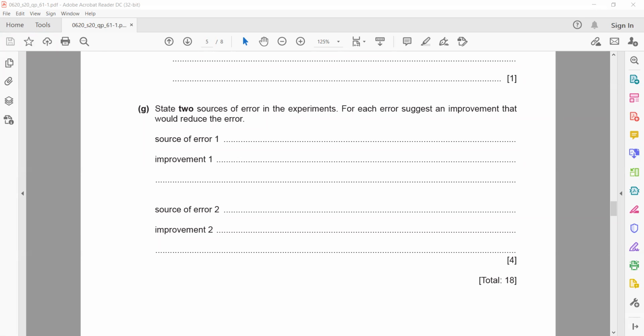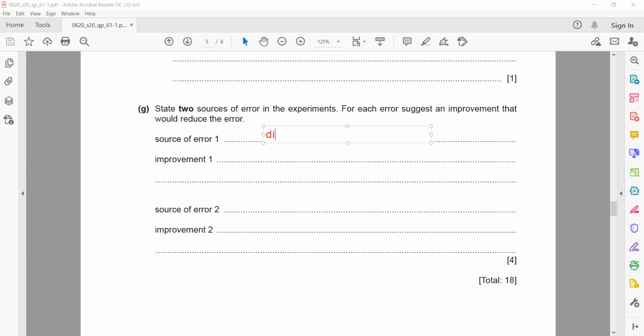And what might be another error? Difficulty in identifying the end point, or misjudging the color change. So we should add drop by drop or slowly. Looking perpendicular and avoiding a parallax error is only in the measurement of the volume, but in experimental technique you cannot mention that. That is a personal error due to the observer, not due to the apparatus or technique.